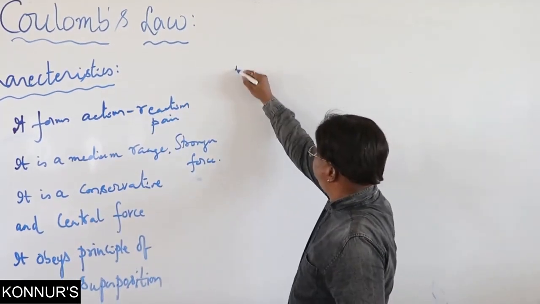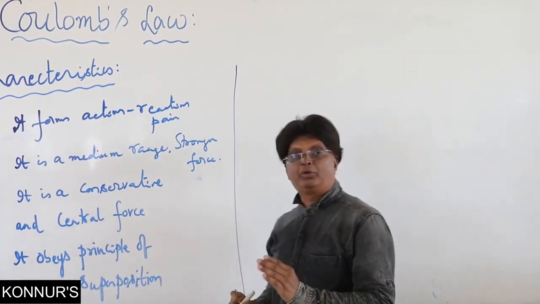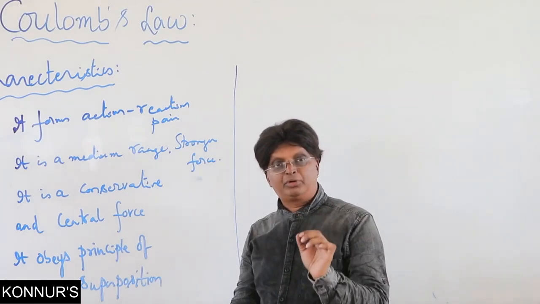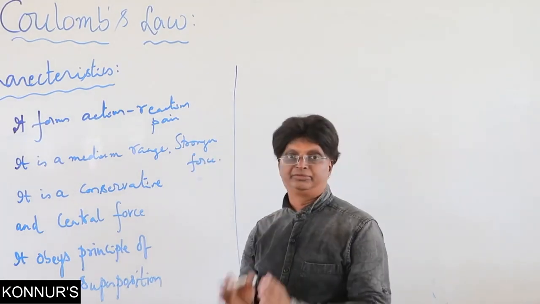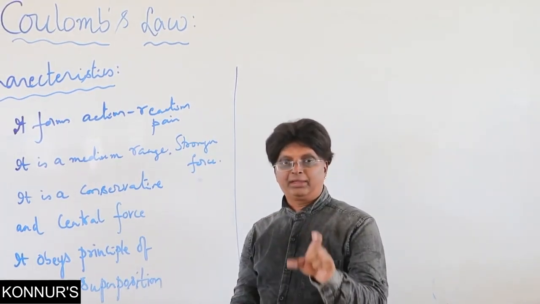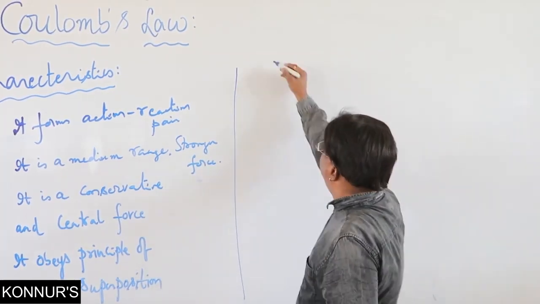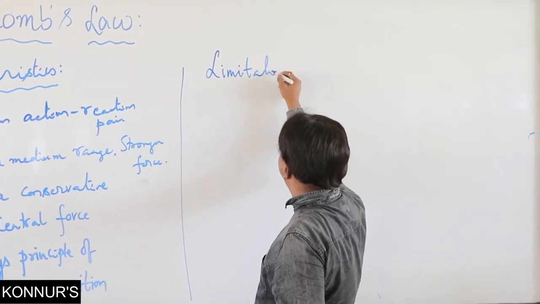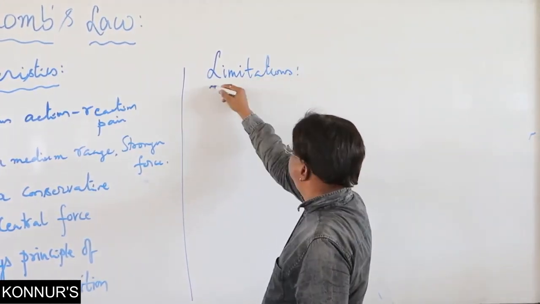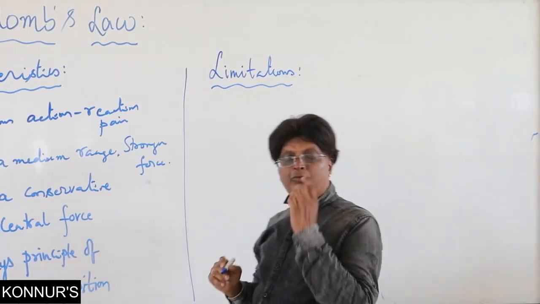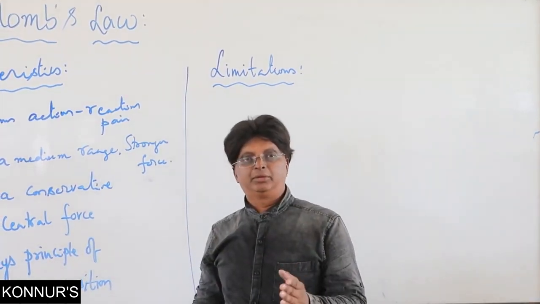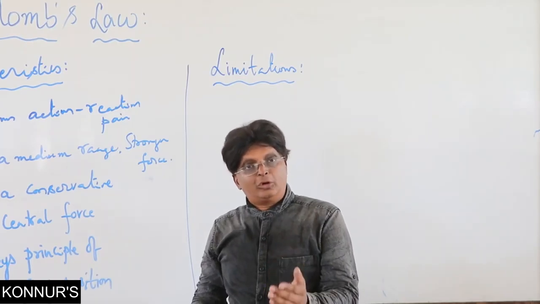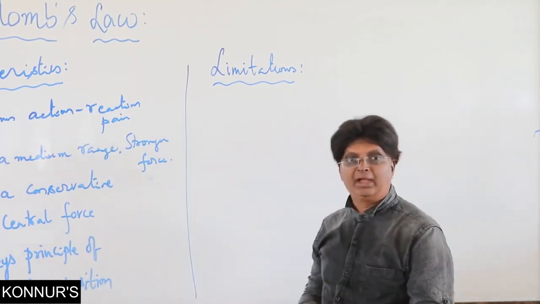Now let us see one more important concept regarding Coulomb's law. Till now we have seen its characteristics. Now I will state the limitations of Coulombic force, because it is seen that Coulombic force is not applicable in all cases. In some cases, we cannot use it.